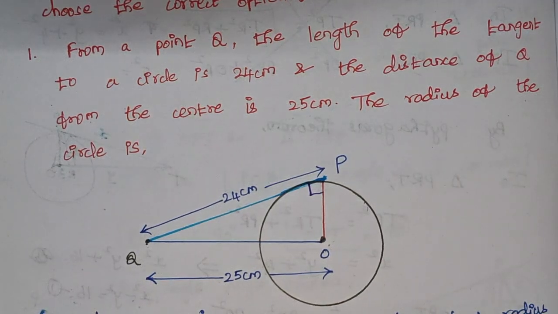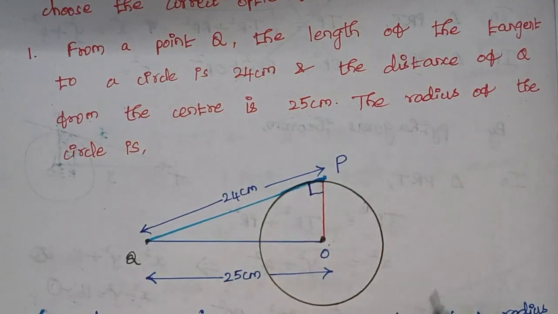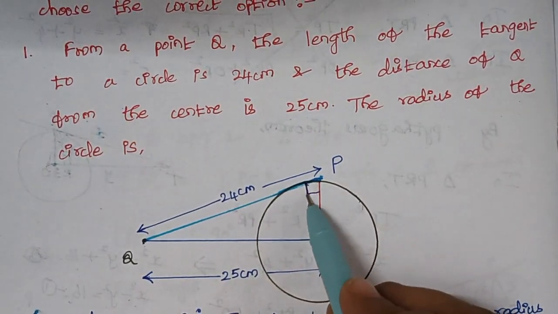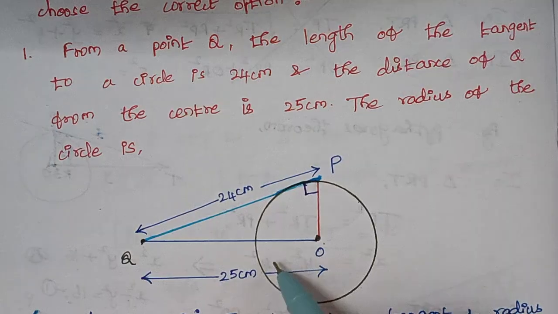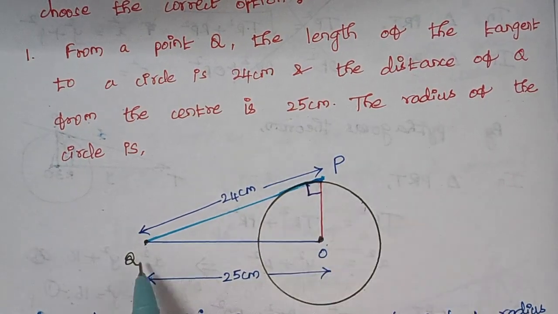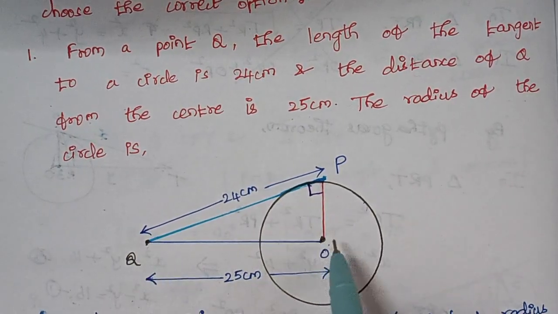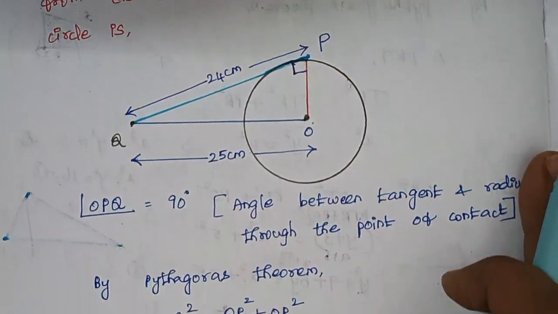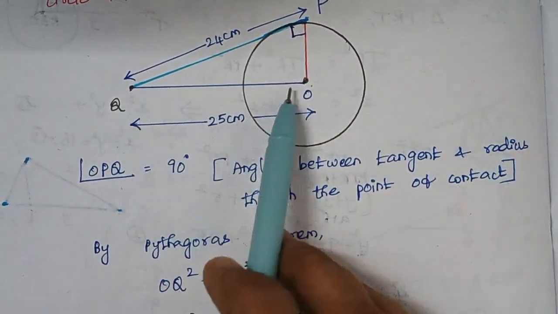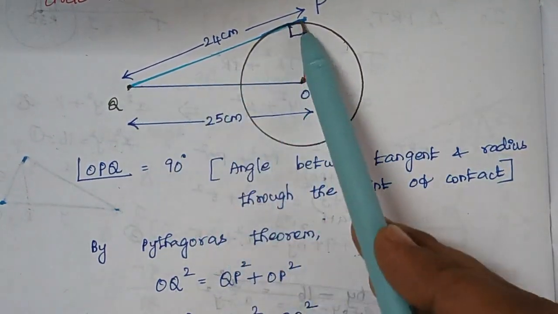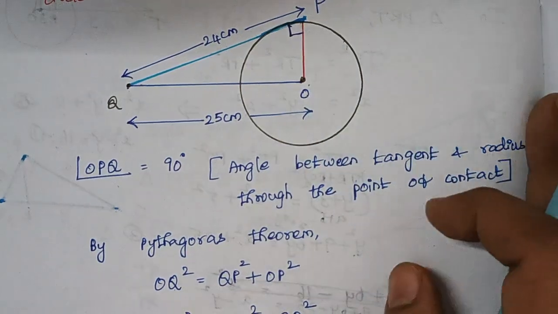The side opposite to the 90 degree angle is the hypotenuse, so OQ is the hypotenuse. Therefore, we can write OQ square is equal to QP square plus OP square.